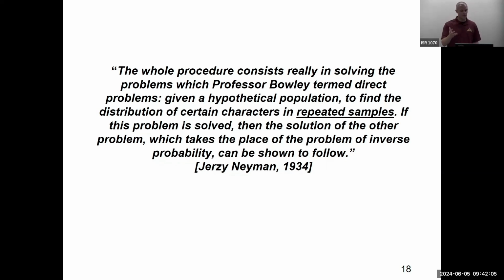For something of interest, the character might be a mean, or a proportion, or a regression coefficient, or an odds ratio, or whatever it is that you want to look at as part of your analysis. That's what Neyman was referring to. What's the distribution of those estimates going to look like under repeated samples from the same probability sampling design? And inference is based on that sampling distribution and entirely governed by the features of the sample design, not the model, the features of the sample design. That's the critical difference here.